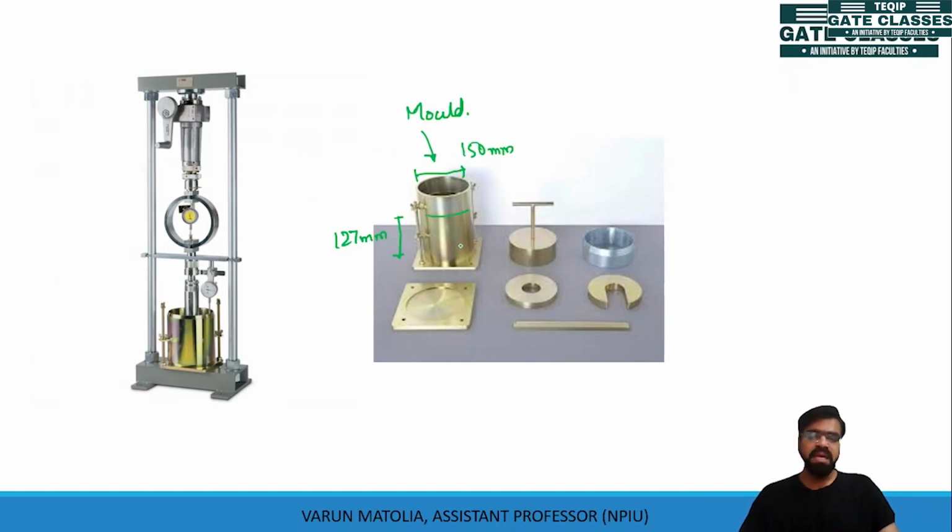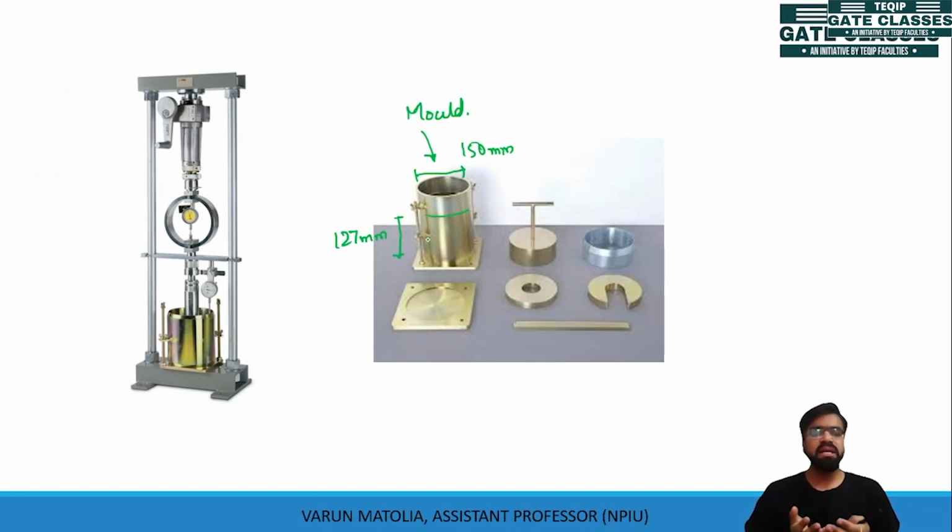This mold is placed over this arrangement and a collar is fitted over the top. A perforated plate or a solid plate is used according to what condition you want to test in. The site condition may be damp condition or soaked condition. So you may soak this sample for around 48 to 96 hours.